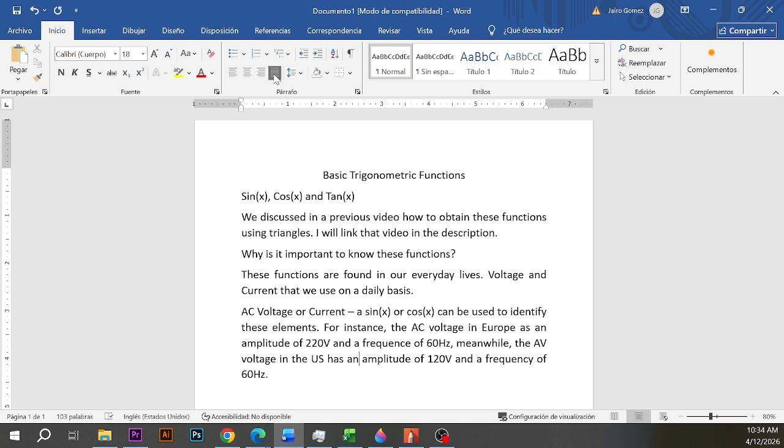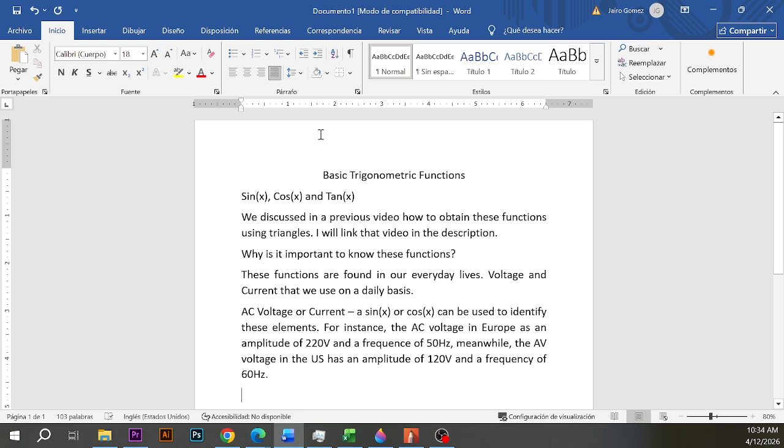And for Europe, it's actually 50 hertz. So, what does this mean? This means that we are interfacing with these trigonometric functions directly and indirectly with everything we do. So, that's why it's important to know them a little bit more in detail.